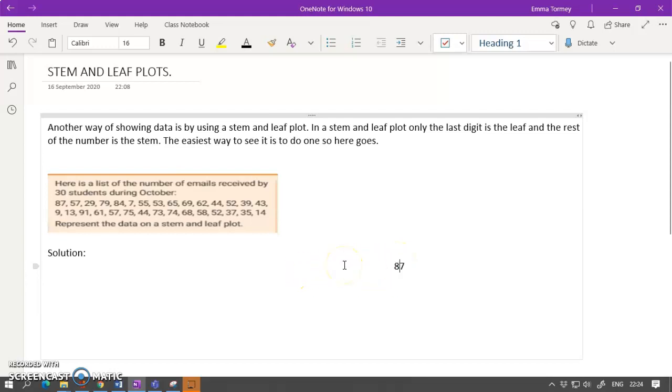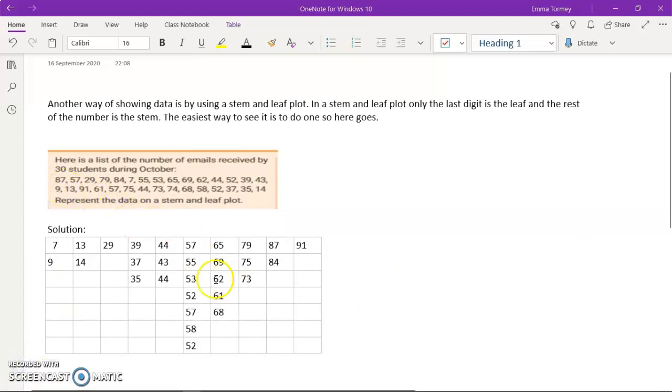Then if I go over to here, the next one is 57. And then over here I have a 29, and then I have a 79 which would go in here. I'm going to keep going like this. You can see I just filled them in roughly.